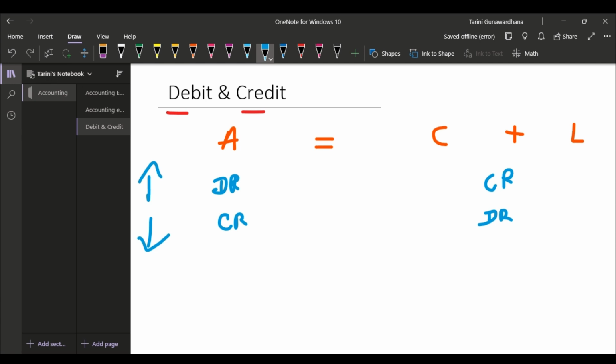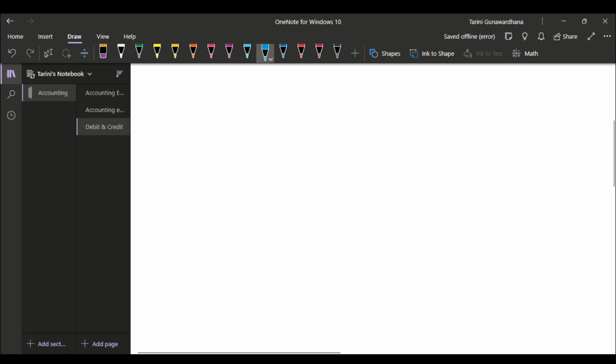Now when doing questions, we will have to understand the expanded version of this equation. So let's move on to that now. The basic accounting equation is assets equal capital plus liabilities. But this capital consists of several elements.